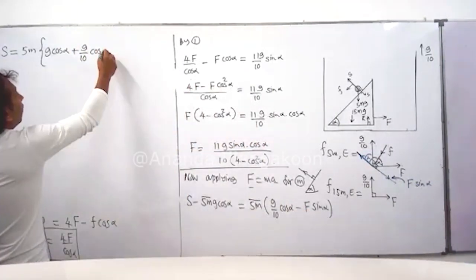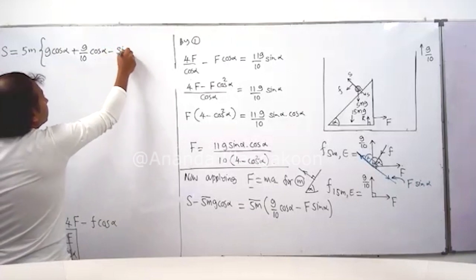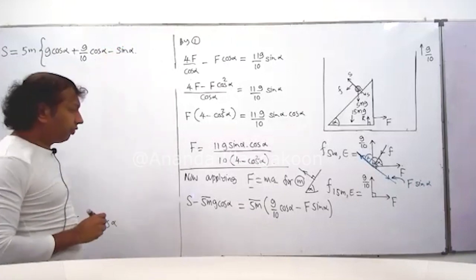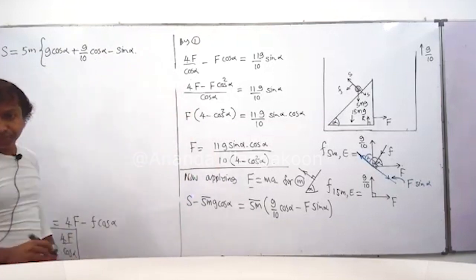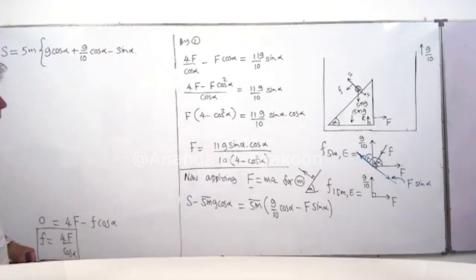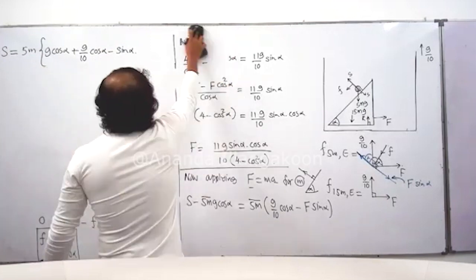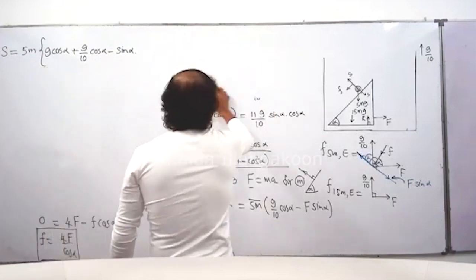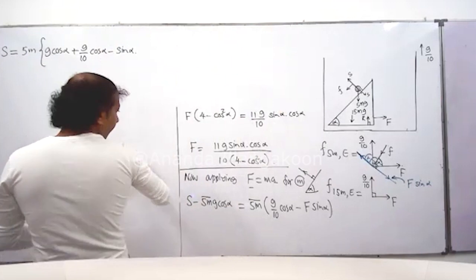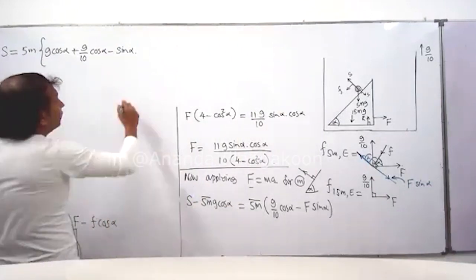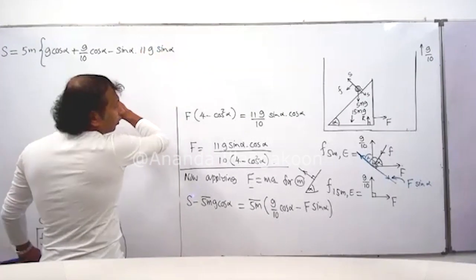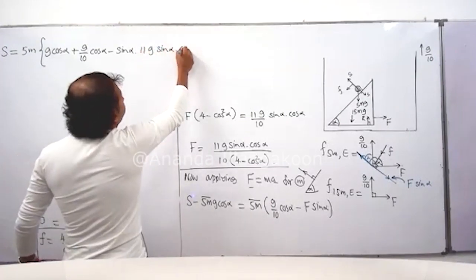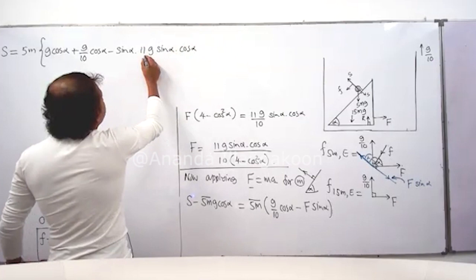There we can write sin alpha first and then substitute for this capital F. Then what do you get there? 11g sin alpha cos alpha divided by 10.